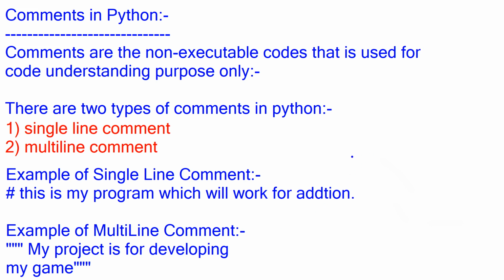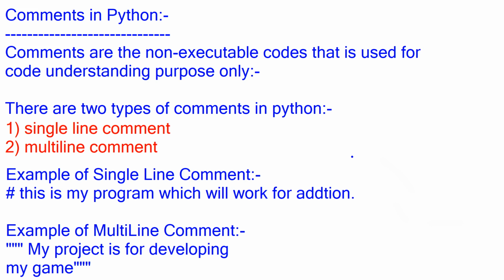Suppose you are a developer of a company, and you have completed a project and have left that company. If your program gets any error, how will the company detect where the error is?